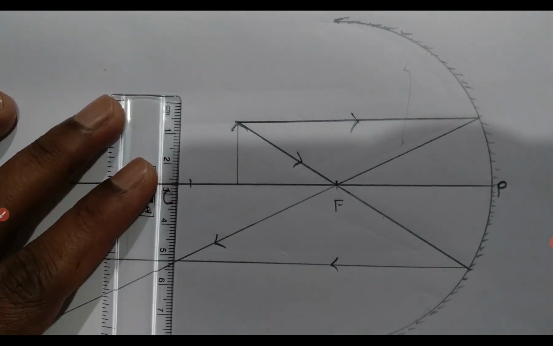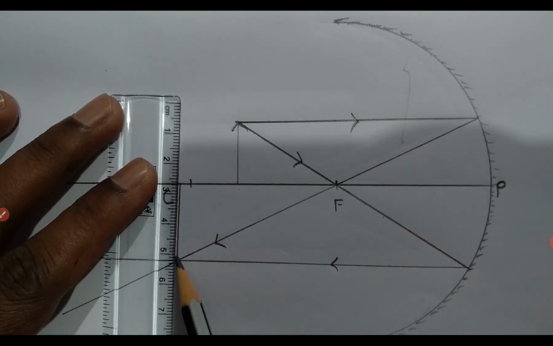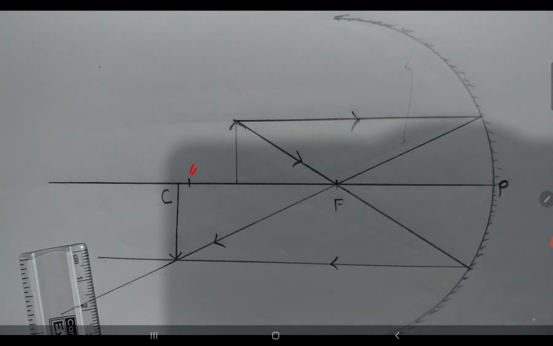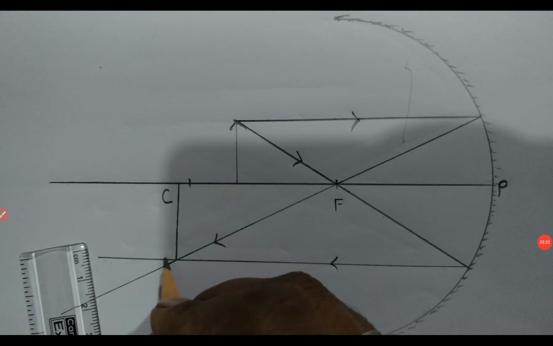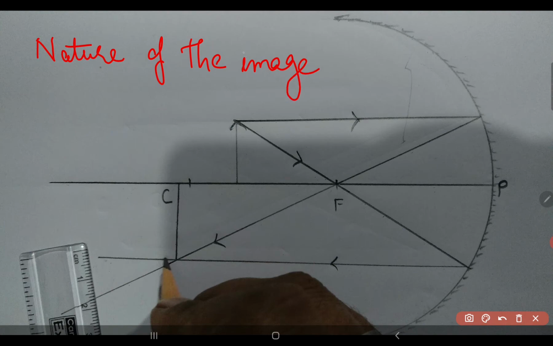So here I am drawing one ray parallel to the principal axis, which is my reflected ray. Now as you can see, the rays are meeting behind the center of curvature, because this particular mark is the center of curvature. So hence I got my image. Thus the nature of the image formed will be: number 1, as you can see, the rays are actually meeting, so therefore it is real.